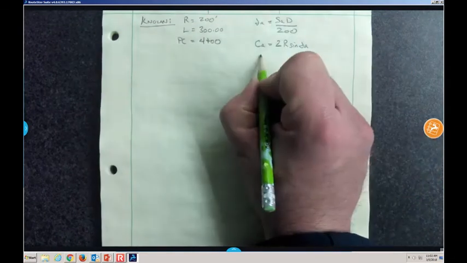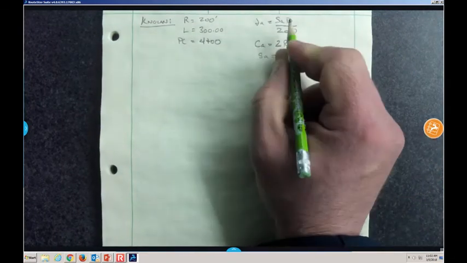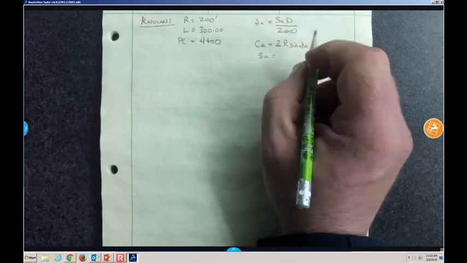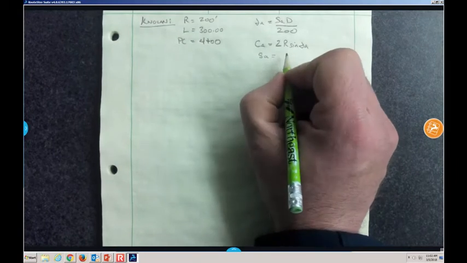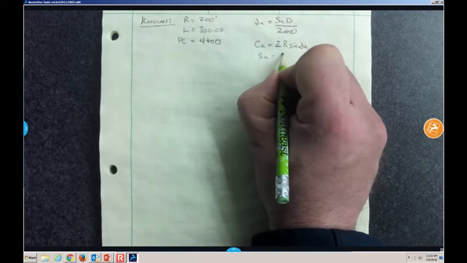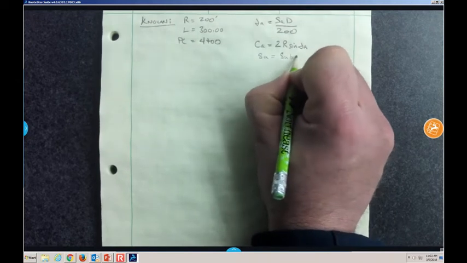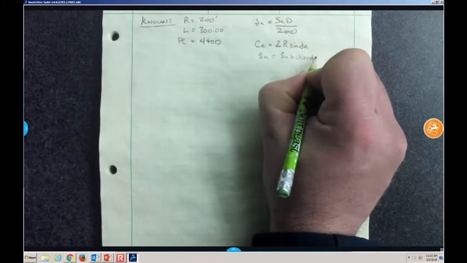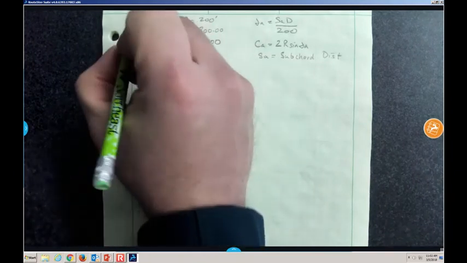So the SA in this formula equals the chord increment, okay? So it's the subchord distance. Okay, so we're going to figure this out in half stations.